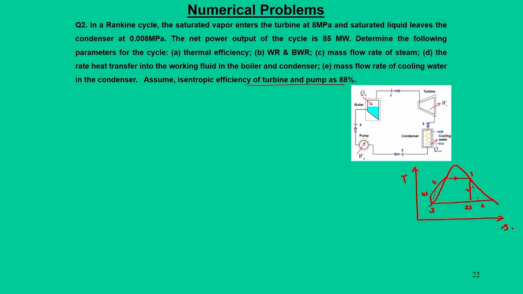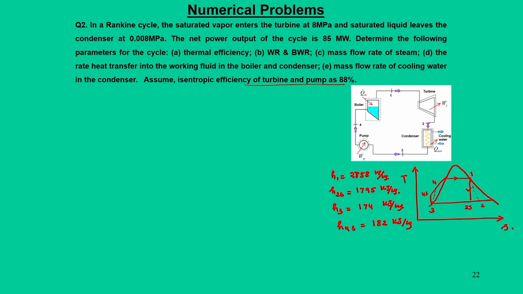So, the rest of the things remain the same. We can extract all the data: H1 as 2758 kilojoule per kg, H2s is equal to 1795 kilojoule per kg. These informations are already there in the previous example. H3 is 174 kilojoule per kg, H4s is 182 kilojoule per kg.